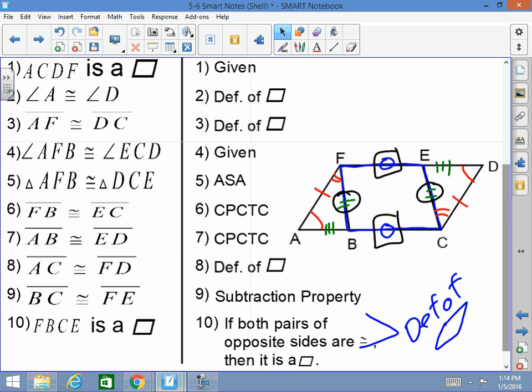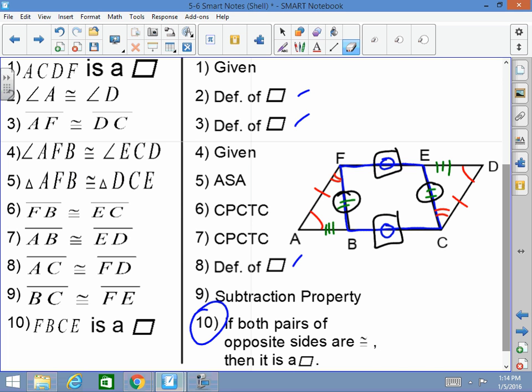Actually, I would really like this, guys, as your final proof. I kind of let you slide on all of these, right? On the final proof, I would like to know what pure definition made this a parallelogram. So let's scratch this out. I'll let you slide for all of them except for the end. At the end, what definition made this a parallelogram?